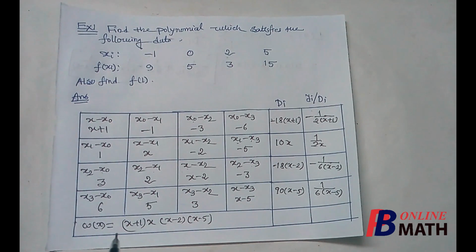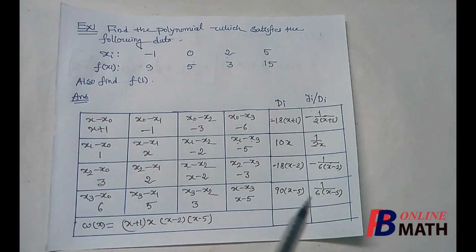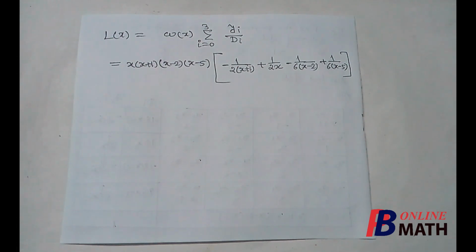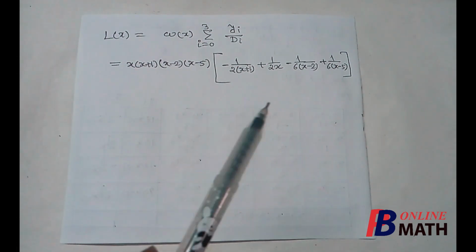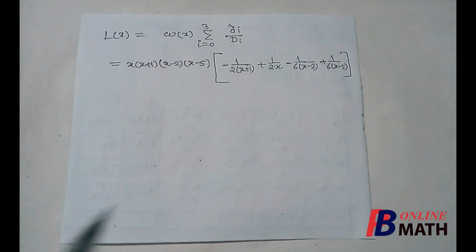From the table we find that this is the value of omega x, and summation of yi by di can be found by adding these 4 terms. So we replace all these values in the formula. So if we replace this, we find this one. Now we just need to simplify these terms, and we find the final answer.